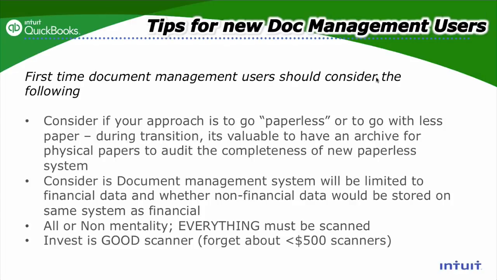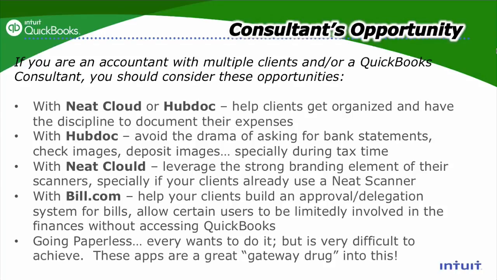That's extremely important. And invest in a good scanner. Forget about any scanners under $500, and not to discredit them, they're probably not designed for somebody that wants to truly go paperless, right? Because the minute it takes you 5 minutes to go through a scan, this is where the system kind of crumbles and you stop really being into the whole moving paperless document management mood.